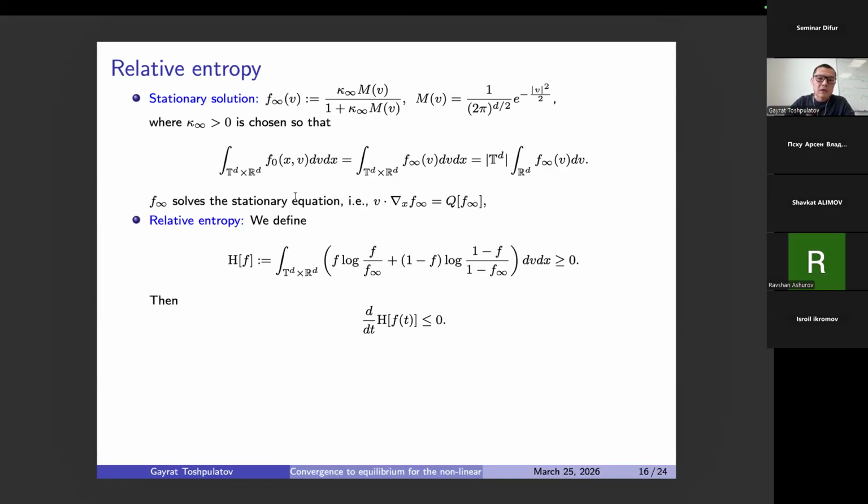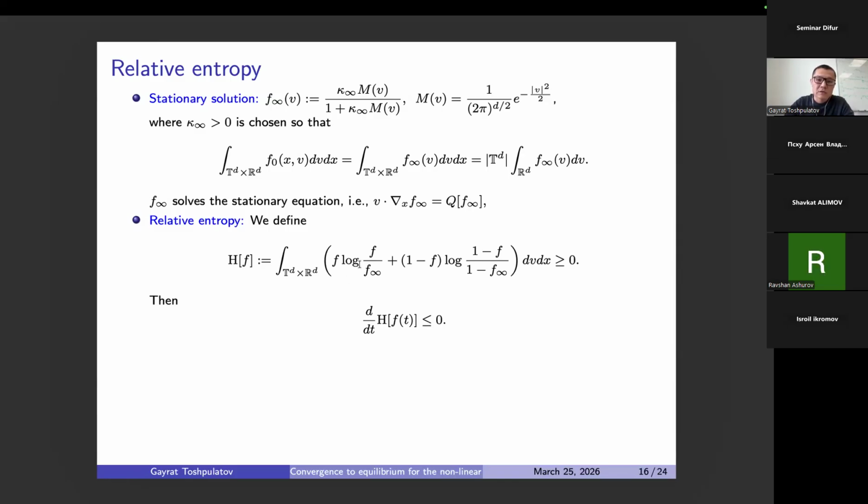And using this function f infinity, we can consider a functional which is called the relative entropy, which I introduced to you before. So we have again this expression.